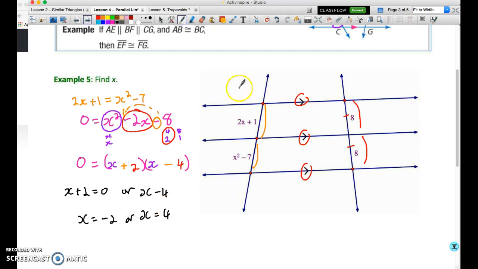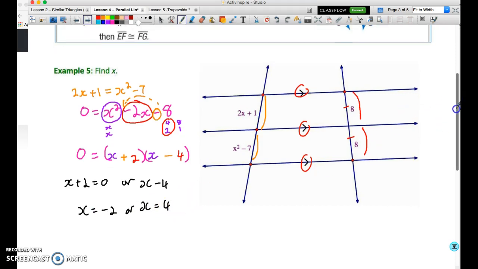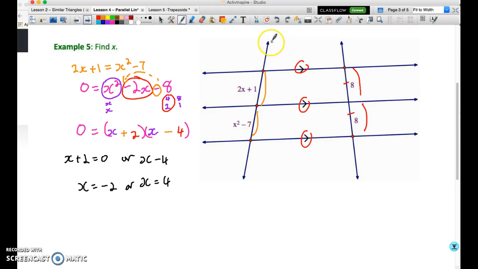The last thing we always need to do is check if either of our solutions is extraneous, meaning if we substitute them back in, do they produce a result which creates any problems? If I sub in 4, 2 times 4 plus 1 gives us a segment length of 9. 4 squared minus 7 is 16 minus 7, which is 9. We're expecting them to be equal because we just solved the equation, but more importantly, 9 is an acceptable length for a segment.